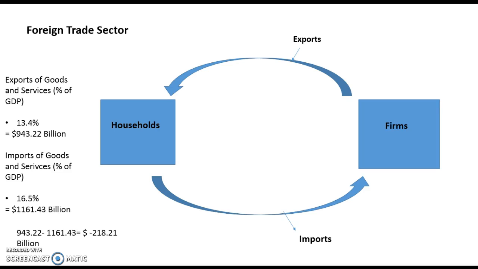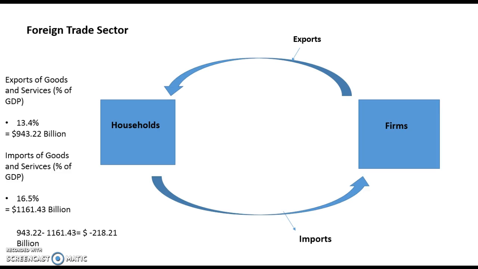We see exports of goods and services takes up 3.4% of the United States' entire GDP, which comes out to be $943.22 billion. The same goes for imports. We see imports are 16.5% of the GDP of the entire United States, and that number comes out to be $1,161.43 billion.